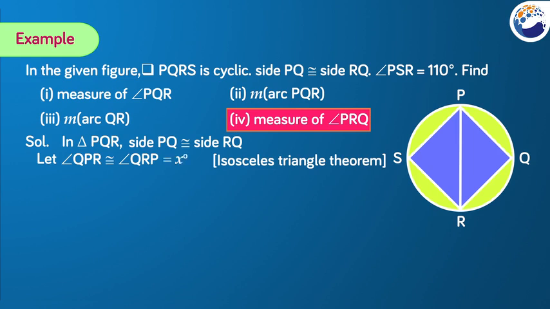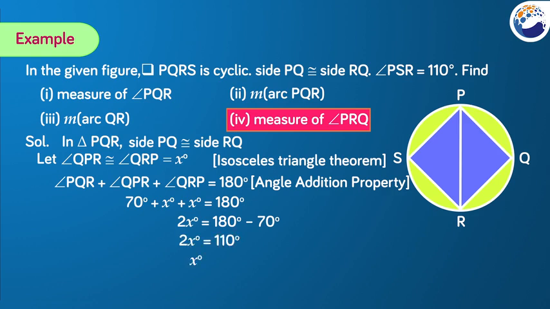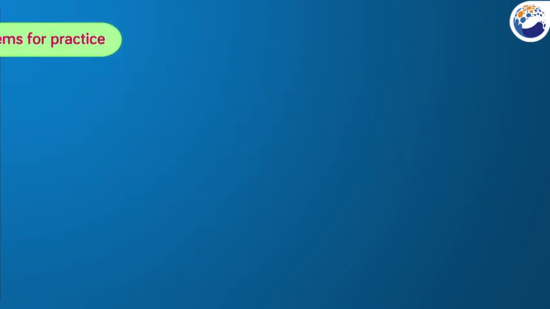Angle PQR plus angle QPR plus angle QRP is equal to 180 degrees, by the angle sum property. 70 degrees plus 2x degrees is equal to 180 degrees. 2x degrees is equal to 180 degrees minus 70 degrees. 2x degrees is equal to 110 degrees. x degrees is equal to 55 degrees. Therefore, angle PRQ is equal to 55 degrees. Equation 4. Try some more problems for practice.